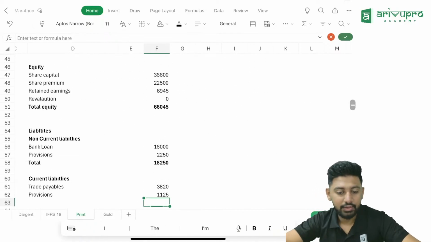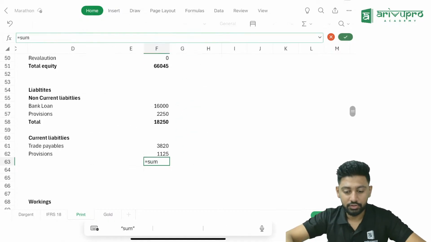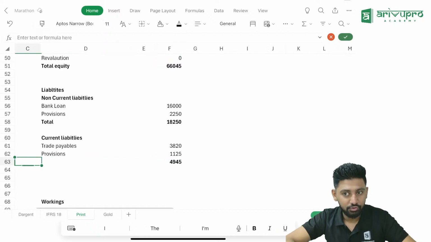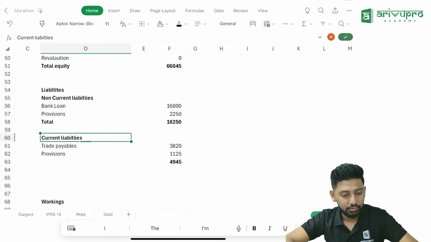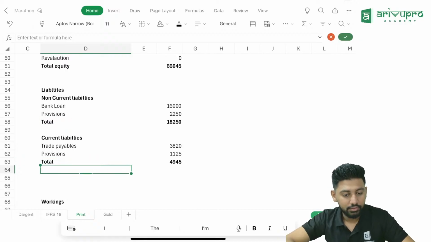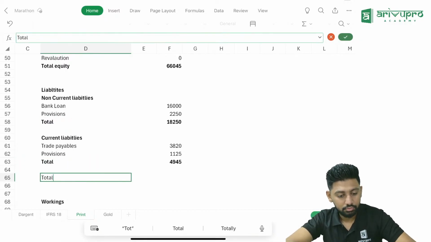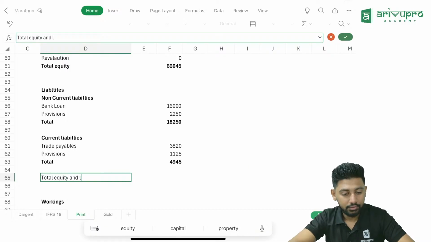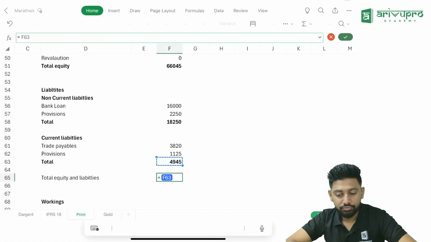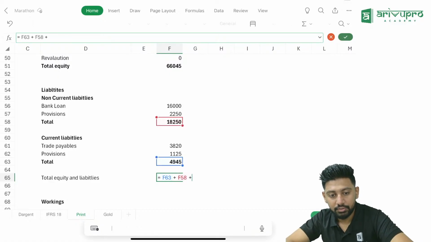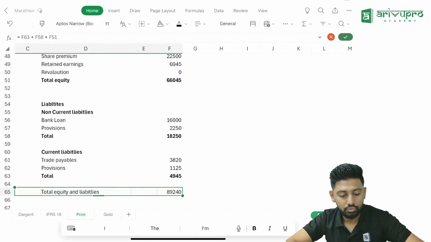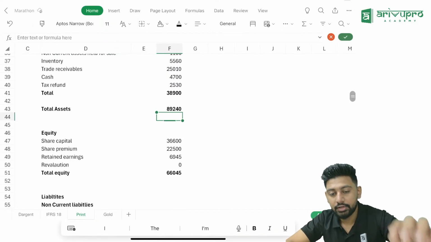Okay, we are in the latter part of the question, and we are going to get the question balanced. Therefore, I have my total here. Now I'll take my total equity and liabilities: 4,945 plus 18,250 plus 66,045 gives me 89,240.